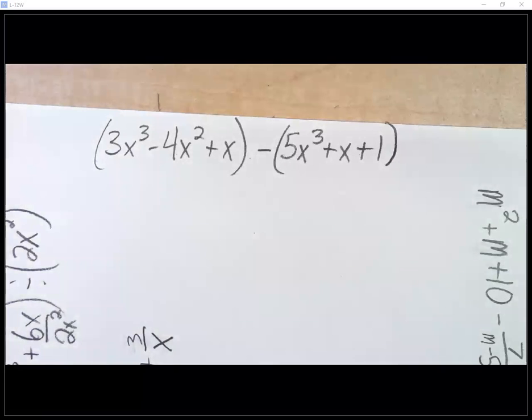Go ahead and try and simplify that thing. When you get your answer, try and classify that answer by naming it by degree and number of terms.